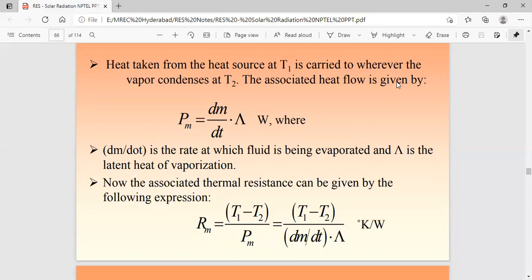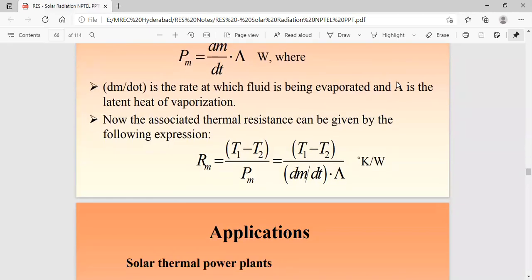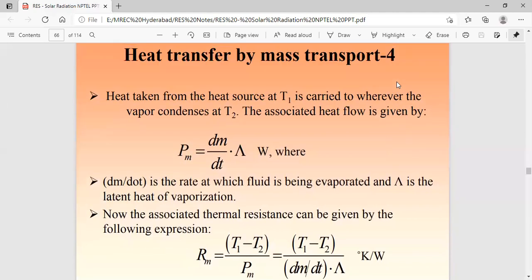Rm is equal to T1 minus T2 divided by Pm, that is equal to T1 minus T2 divided by (dm/dt into A) in degree Kelvin per watt. So this is the resistance, and power in terms of heat will be transferred through mass transportation.